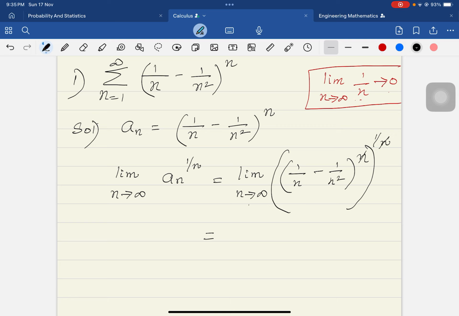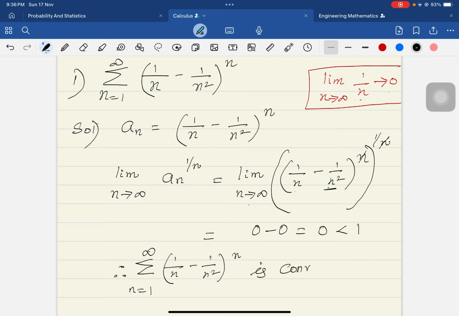So the limit of 1 by n is 0, and the limit of 1 by n square is also 0. So the value of the limit is 0, and 0 is less than 1. Therefore the given series, sigma of (1/n - 1/n^2) power n, n equal to 1 to infinity, is convergent.